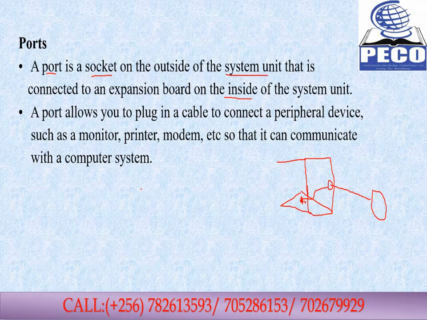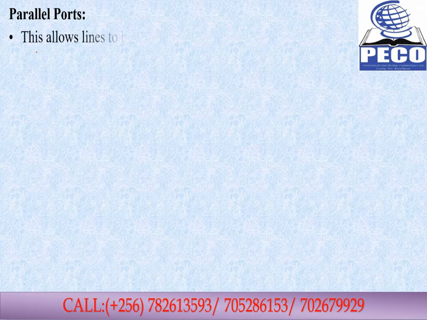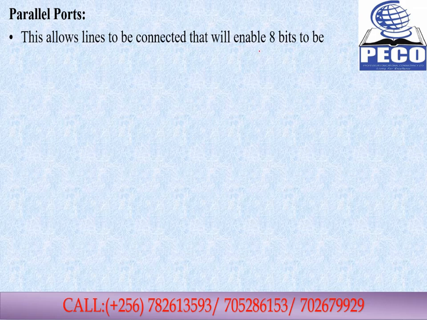Now we say ports are of 5 types. Not only 5 types, there are many, but you can look at the major ports. We have parallel ports, which allow lines to be connected that enable 8 bits to be transmitted simultaneously.